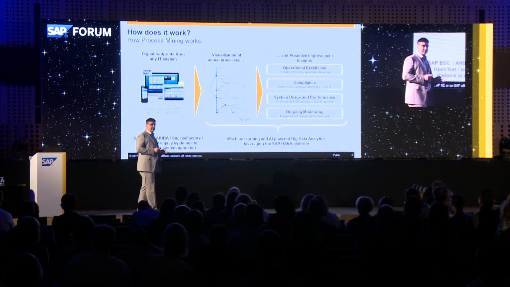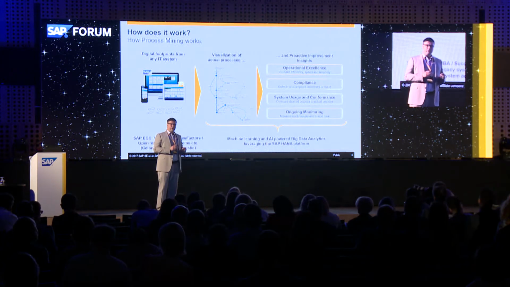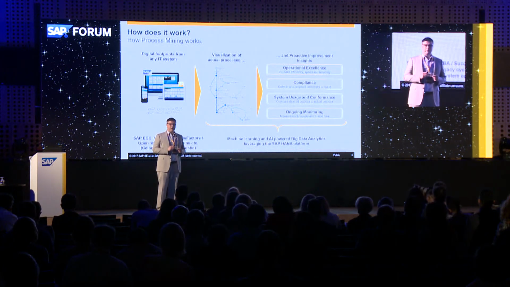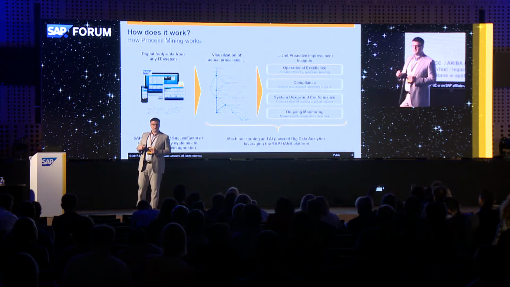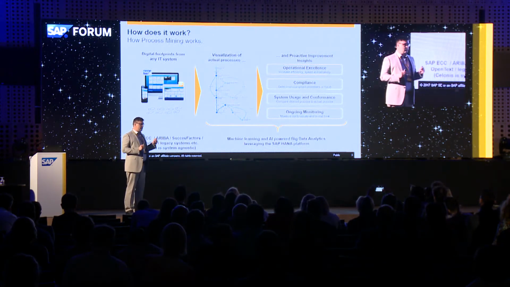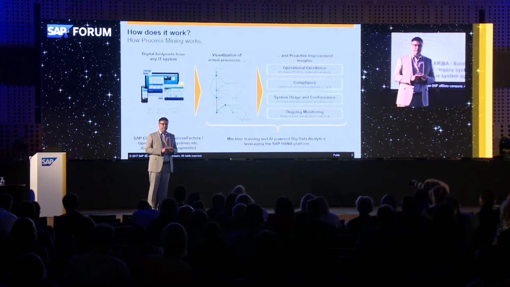So where does process mining start? We utilize the fact that everything you do within your company leaves some kind of digital trace. It might be in a database, in some kind of activity log, or some other logbooks, either from an SAP system or non-SAP systems.